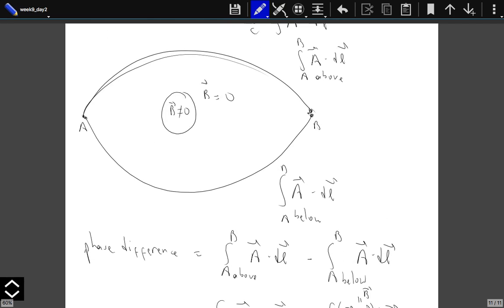But you see, the magnetic flux is non-zero, because within my loop there is a region where the magnetic field is non-zero. Although my particle never feels a magnetic field, its properties are still influenced by the magnetic field over there.